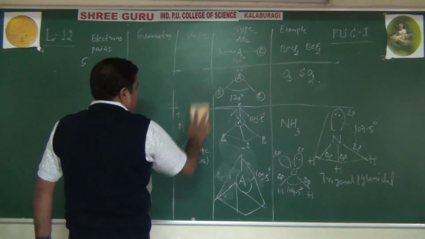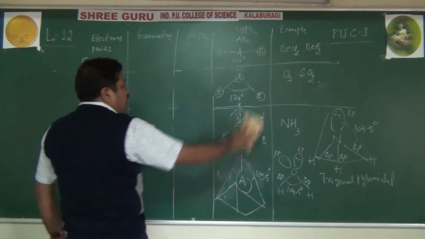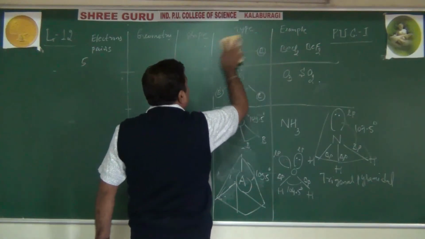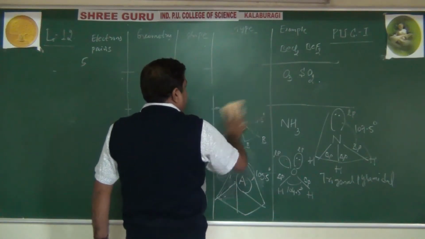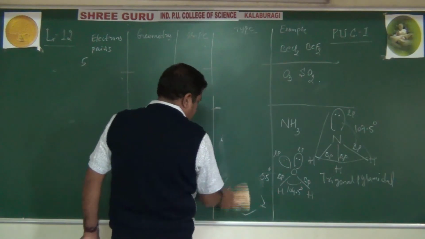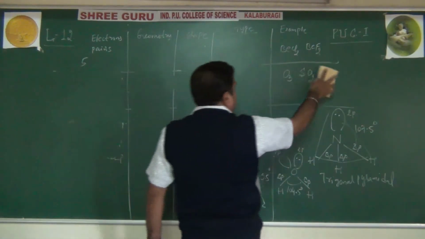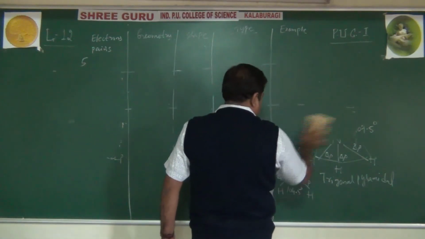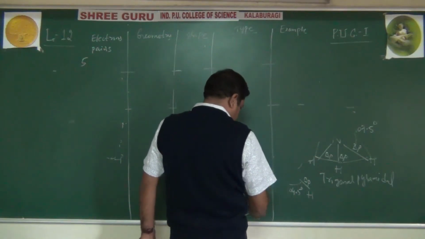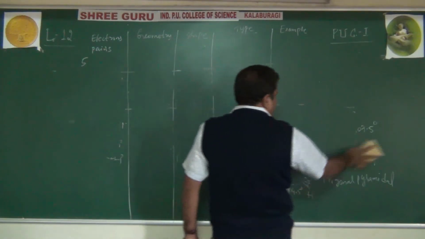What is the geometry, what are the examples, and what is the deviation? Along with the examples, I will show you with a proof diagram. Let's see.